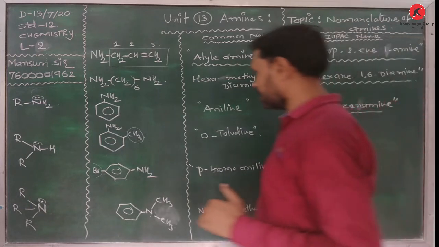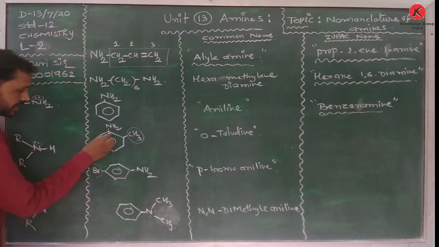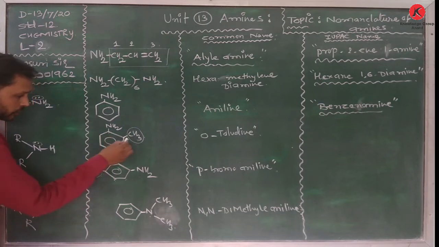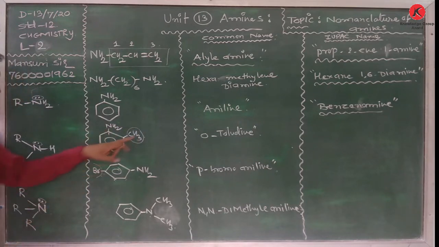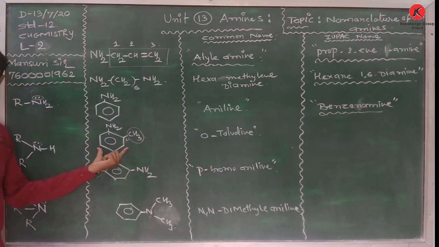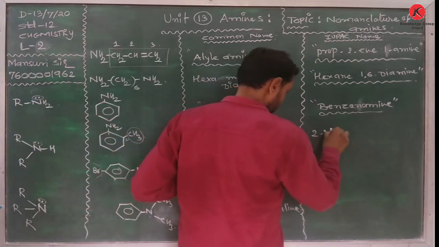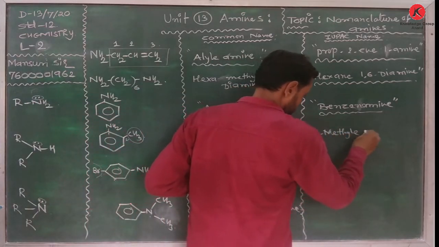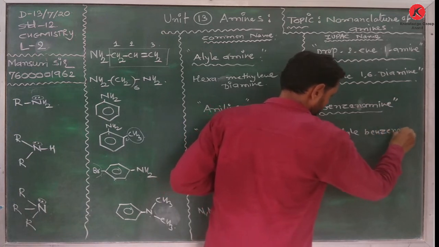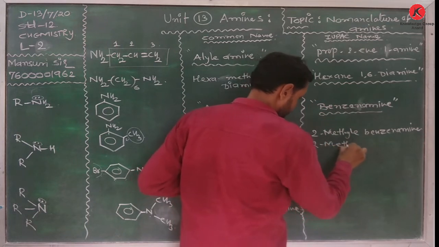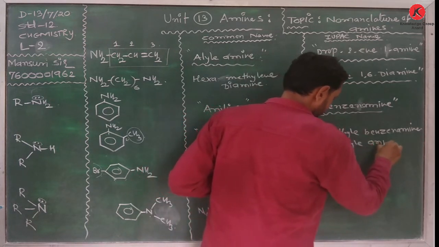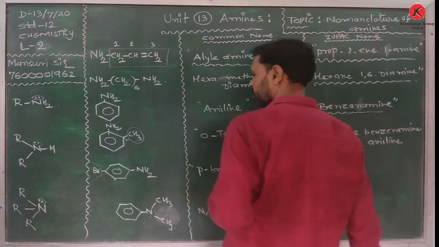Now here aniline, this is amine, this is methyl. On first position amine is given, on second position methyl is given. So 2-methyl aniline or 2-methyl benzeneamine, you can use either word.